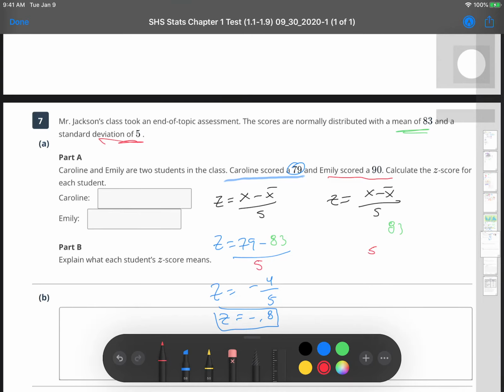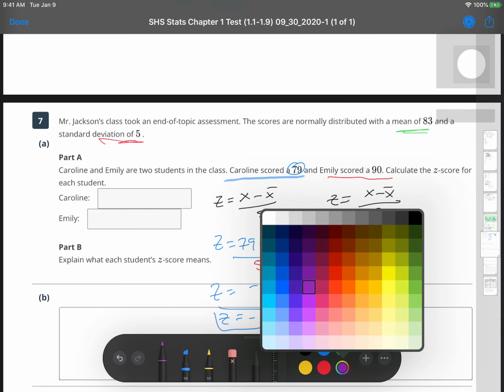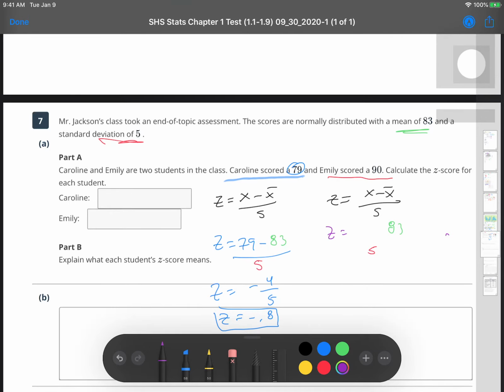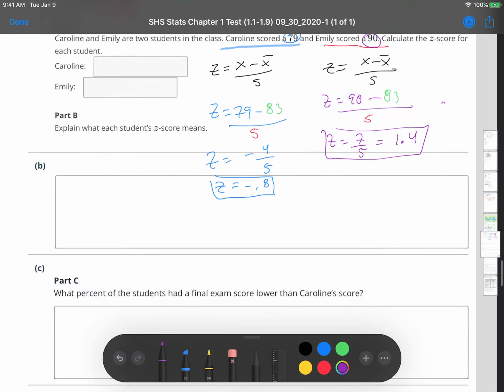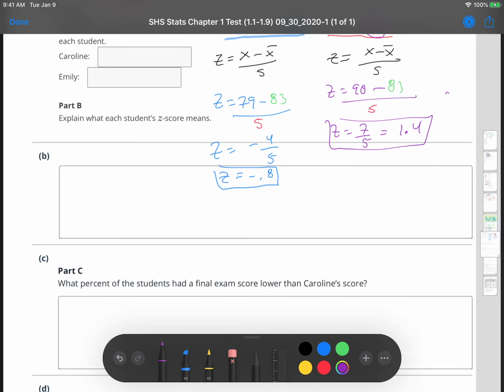Okay, over here we have Emily. Z equals 90 minus 83 divided by 5. So you will get 7/5, which is 1.4. And what does that mean?